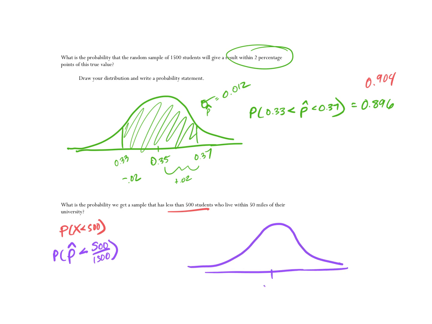Now we know the distribution of p hat, so I can do this. By the way, that's the probability that p hat is less than 0.33, and we should get approximately 5%.